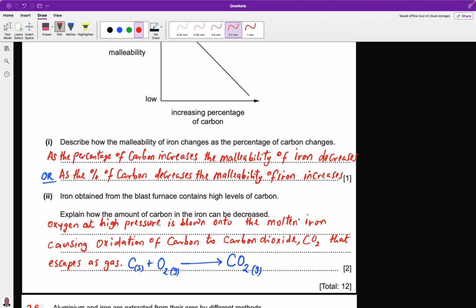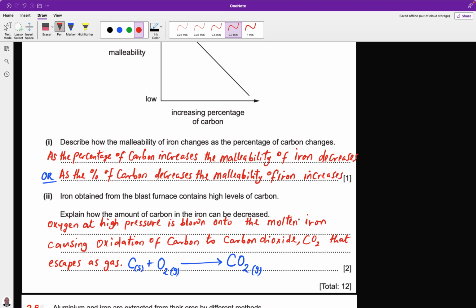Now, in order to remove the carbon in the iron, the first thing we are going to do is oxygen at high pressure is blown into the molten iron, causing oxidation of carbon to carbon dioxide that will escape.